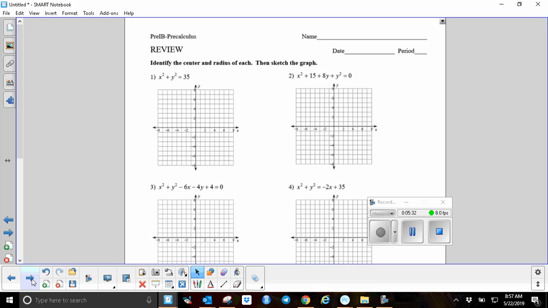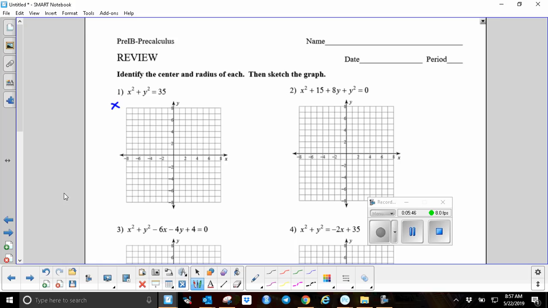So obviously, this is this one. What is your center of the circle? And that was 35, is it?